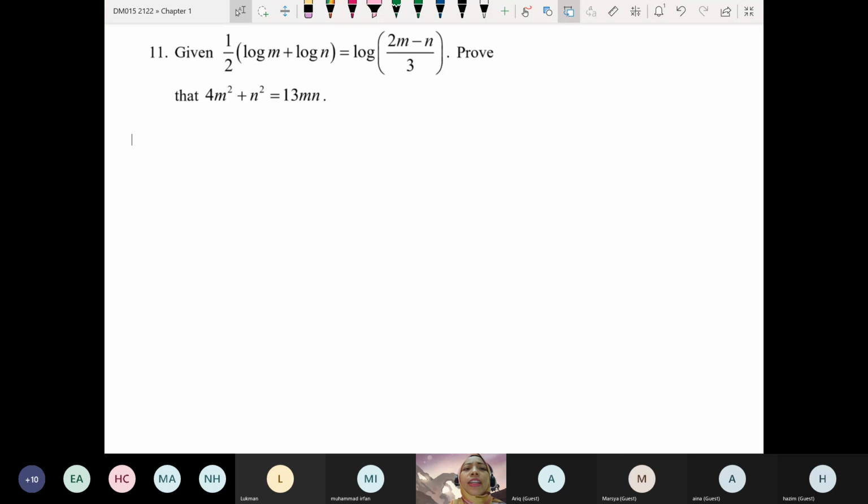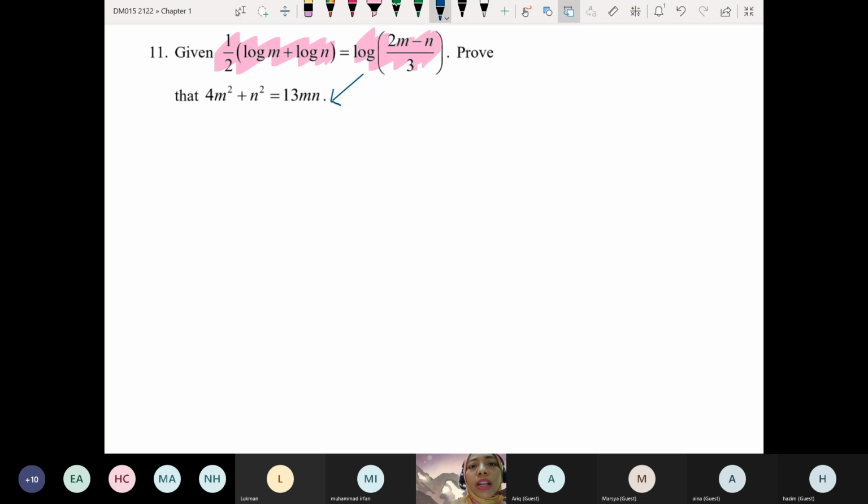Given as stated there, and then they want you to prove 4m square plus n square equals 13mn. Okay, so you have to do something with this given equation. We have to modify it into the one below without any log, so we do what we can do for the pink one.